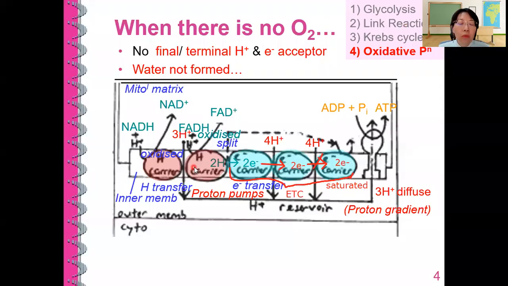So correct, you say that because this electron carrier is saturated, so this hydrogen carrier that carries this hydrogen, right, when it will not split to proton and electron because there's no carrier to receive this electron. So these 2 hydrogen will remain inside the hydrogen carrier, which is saturated now.